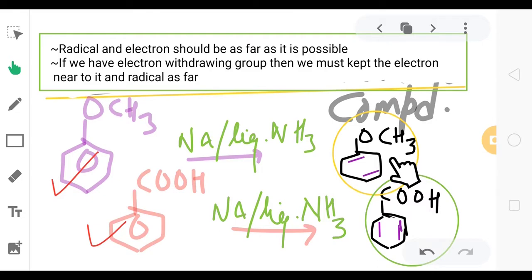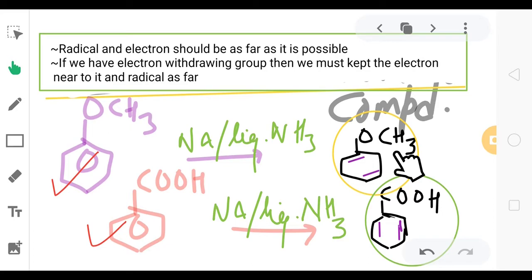You can see that the positions of the double bonds in the two cases are different, and we have to understand how.